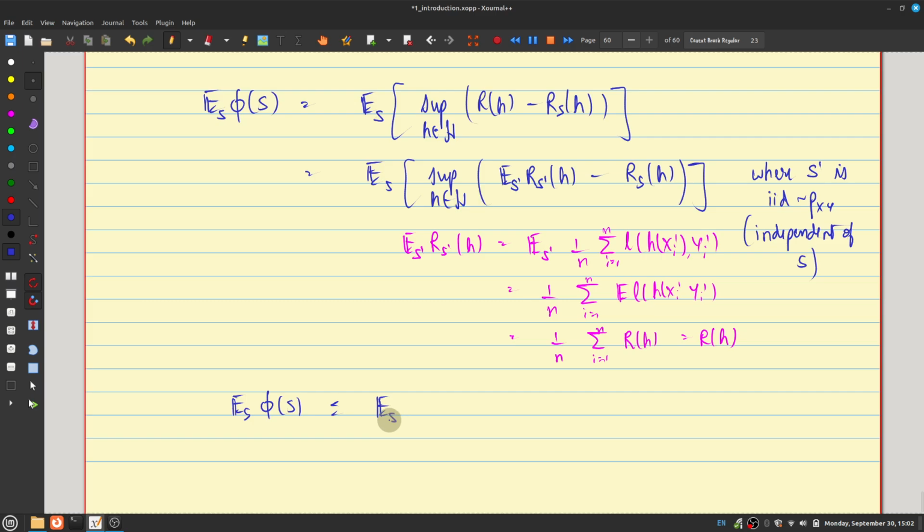So this is expectation with respect to S, expectation with respect to S prime of supremum over all h in H, RS prime of h minus RS of h.